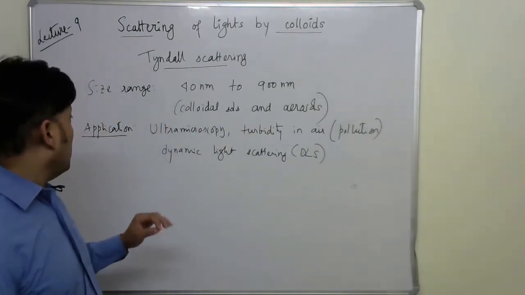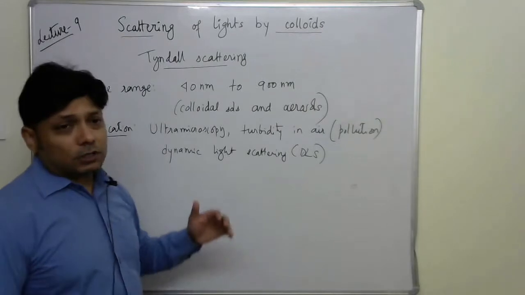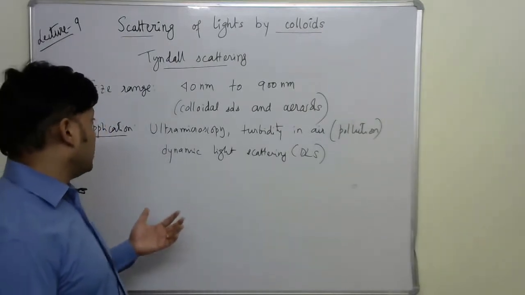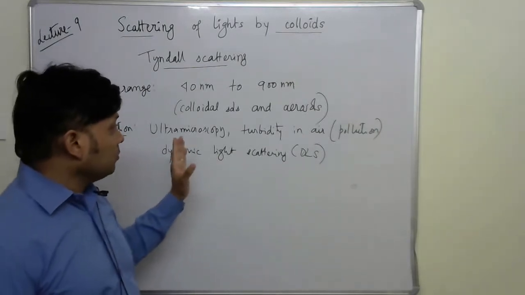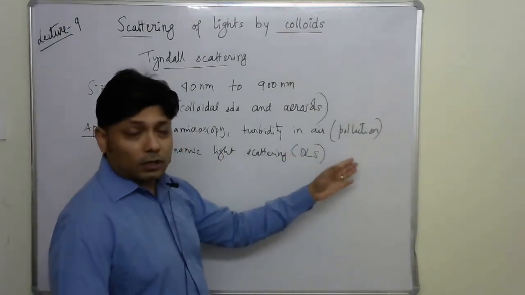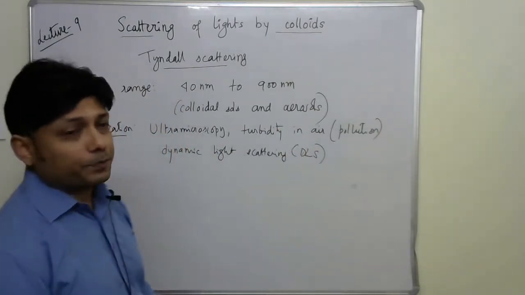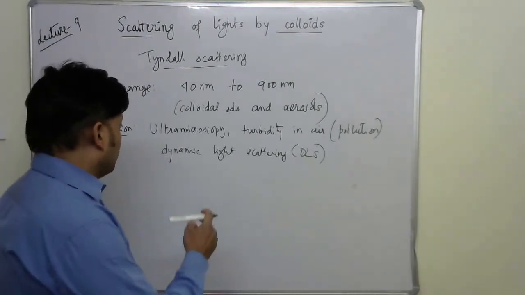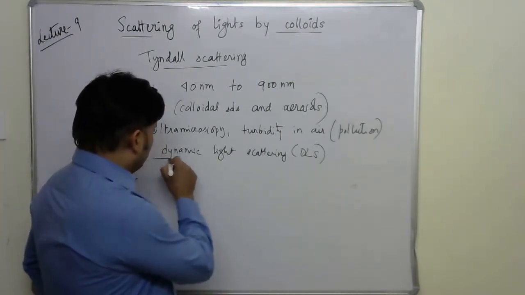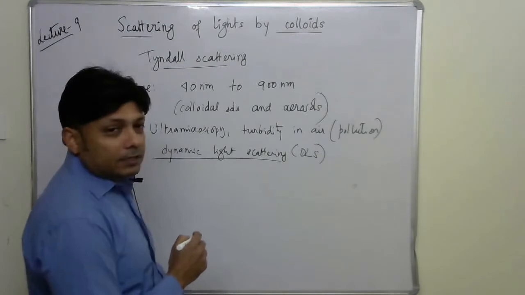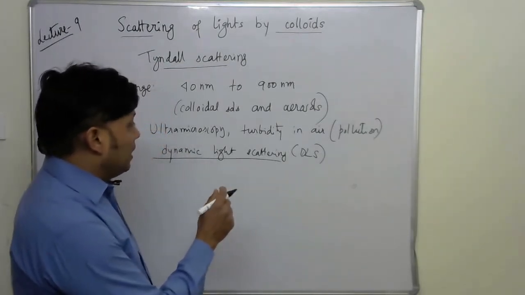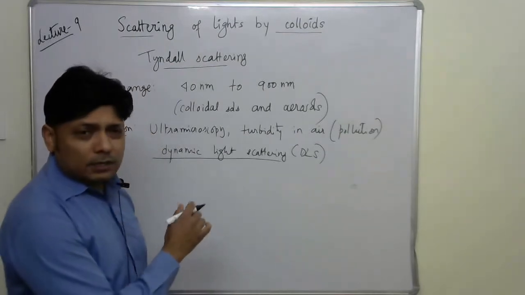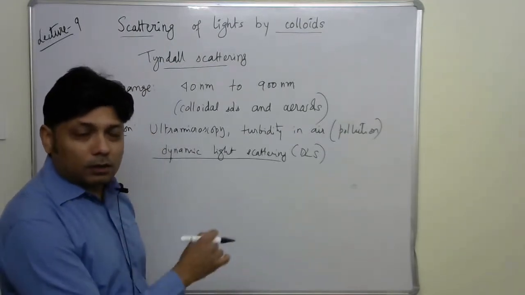Its major applications, as also discussed, are in ultramicroscopy and to measure turbidity in air, in other words, air pollution. And also another thing called dynamic light scattering. Now, this dynamic light scattering is a technique that nowadays is always coupled with particle electrophoresis.